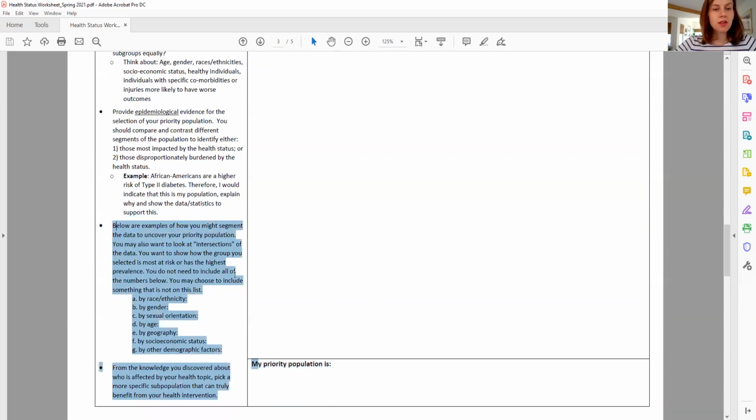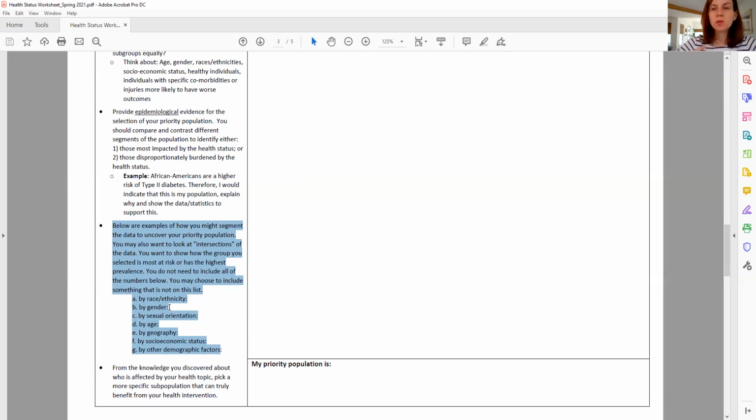Here's just a little note about how there are also intersections within these subpopulations. So you can look at something by race and ethnicity, but you can also look at gender within that or sexual orientation within that. A good example of that is HIV. By sexual orientation, we see greater rates of HIV infection among LGBTQ populations, in particular men who have sex with men, which we often refer to as MSM in research and programming.